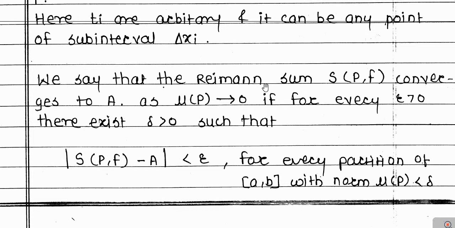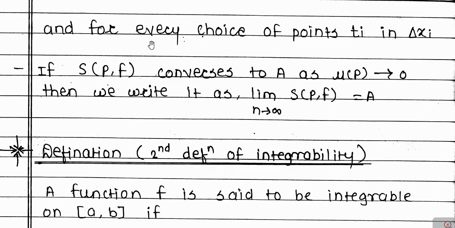Here we say that the Riemann sum S(P, f) converges to a real number A as mu of P tends to 0, as the norm of the partition tends to 0, if for every epsilon greater than 0 there exists a delta greater than 0, such that the difference of S(P, f), the Riemann sum, and that real number A is less than epsilon for every partition P of the closed interval a to b with its norm mu of P less than delta, and for every choice of points ti in delta xi.